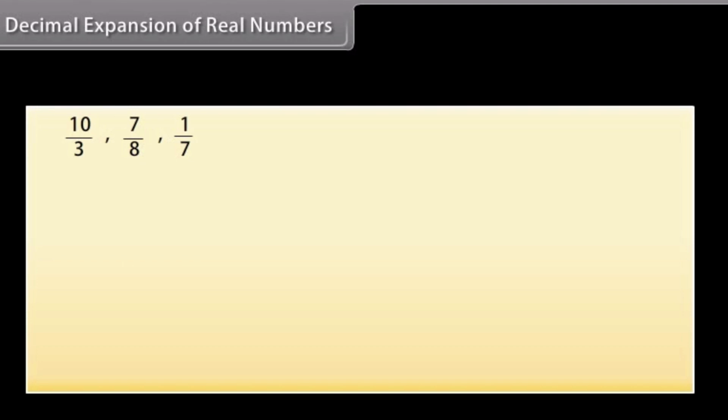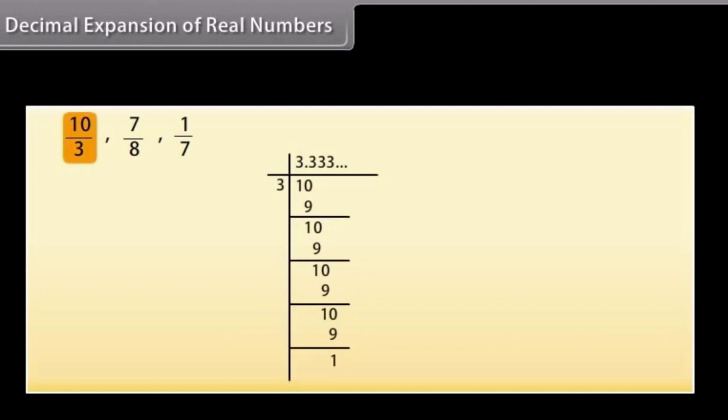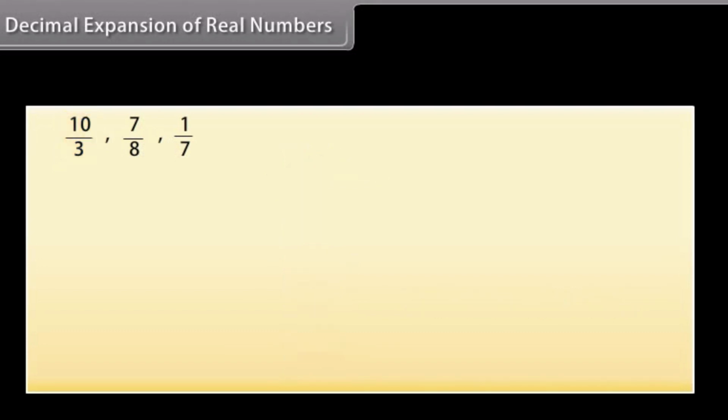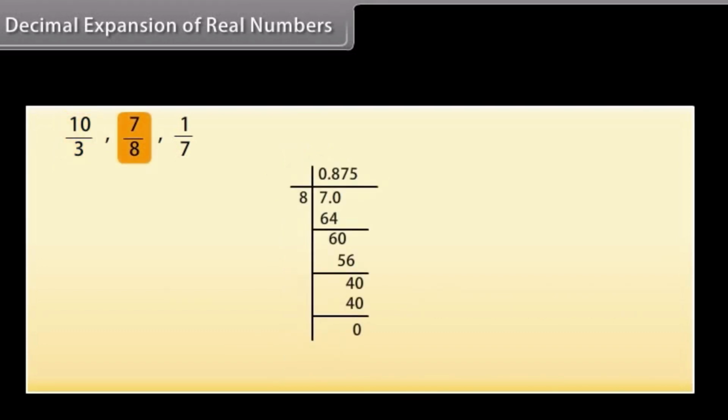Here we can see the decimal expansion of 10 by 3, where we get remainder 1, 1, 1, 1, 1. Similarly, the decimal expansion of 7 by 8 gives remainder 6, 4, 0.